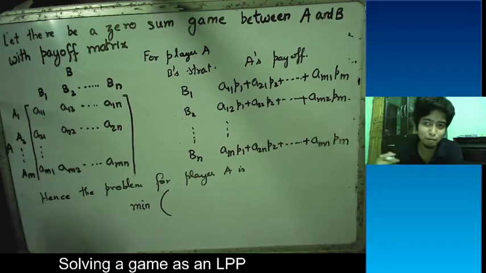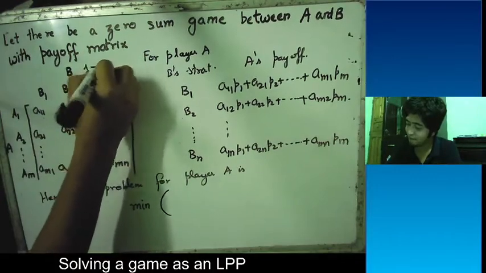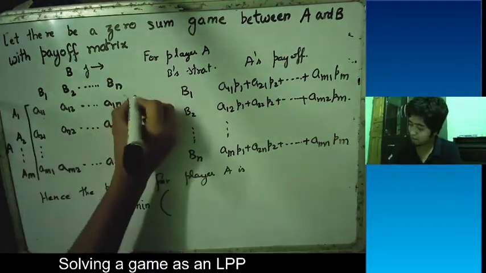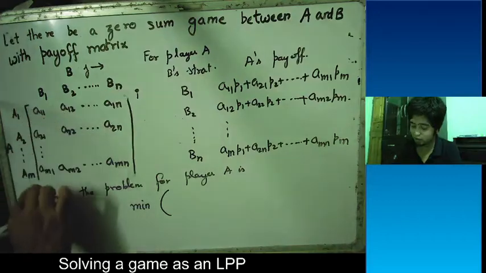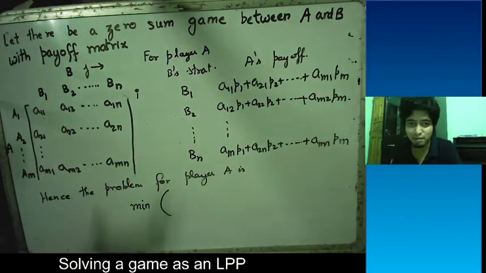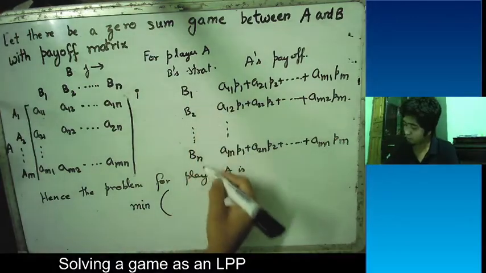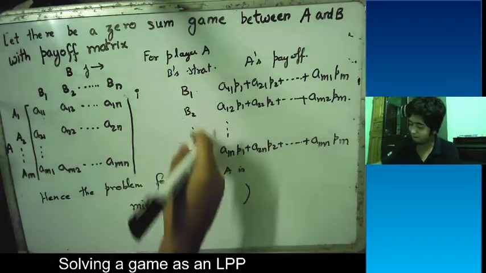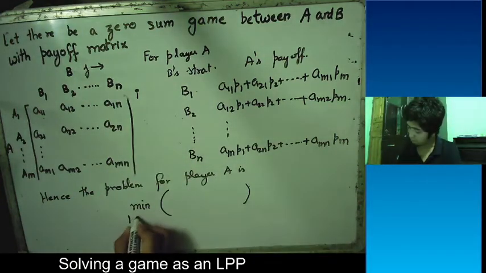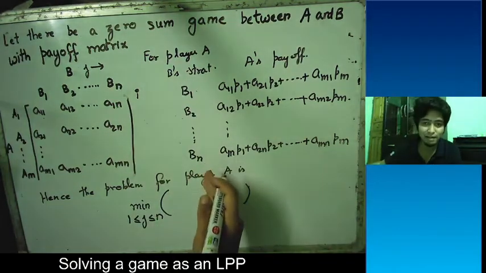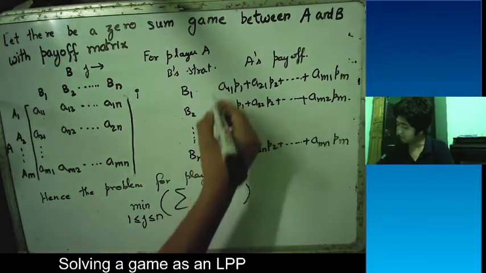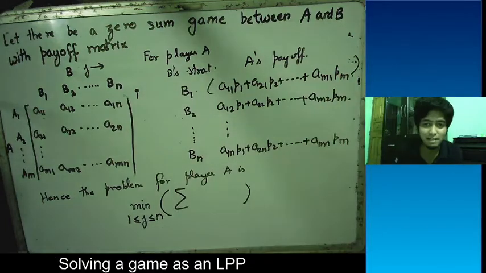Remember, we are following a rule over here that j runs from 1 up to n, j equal 1, j equal 2, j equal n, whereas i will be 1, 2 up to m. So over here we have B1 up to Bn. How many entries will be inside this bracket? We will have n entries, so 1 less than or equal to j less than or equal to n. The minimum of these n entries, each of them can be written as a summation.